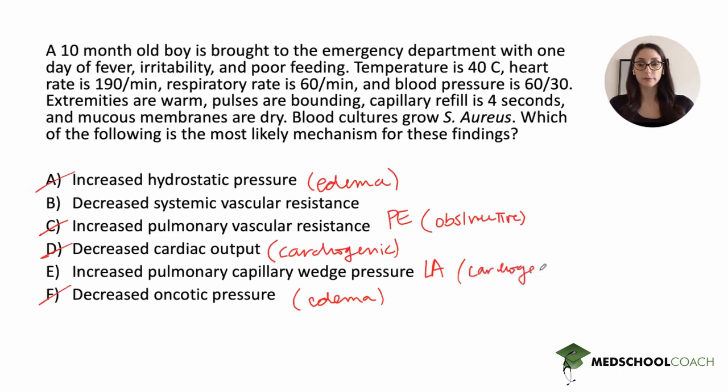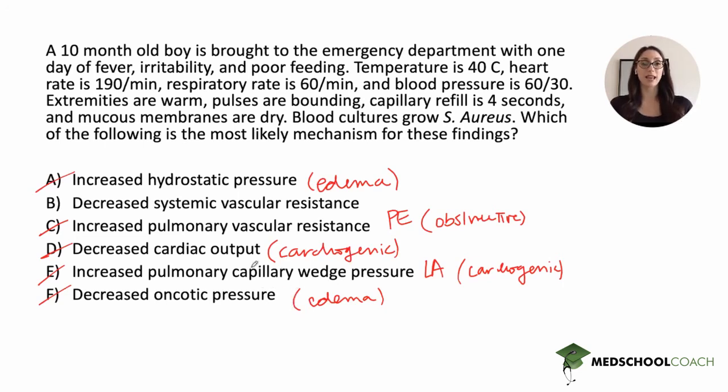And just as a test taking tip, it's also wrong because you can never have two correct answers. So D and E are both referring to cardiogenic shock. So it wouldn't be possible for them to both be correct. So as a test taking strategy for other questions, if you're in doubt, you can always rule out two answer choices that are both correct.